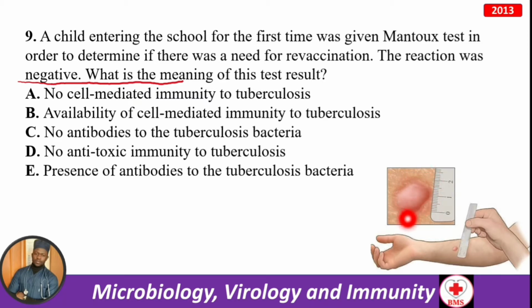Sometimes if it is very small, like 4 millimeters usually or less, we can say it's negative, right? What does this mean? It means there is no cell-mediated immunity to tuberculosis, right? There is no cell-mediated immunity to tuberculosis. Negative. So it's straightforward there.